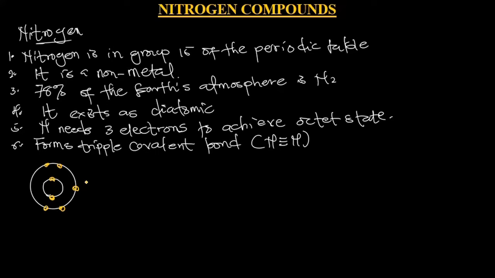Alright, so let's write a configuration. So we have 1s2, 2s2, and then 2p3. So you see the first principal quantum number 1 with 2 electrons, and the second shell 2s and 2p have a total of 5 electrons.